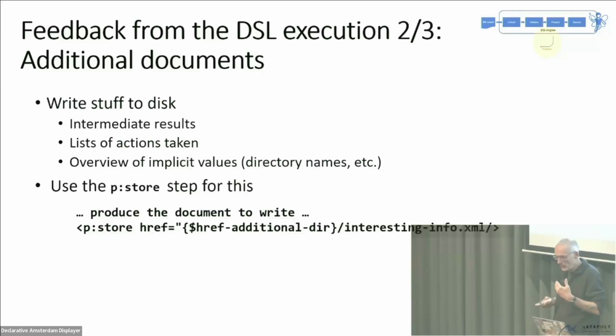Therefore XProc has a p:store step, which in this very simple case just writes a file to disk, and p:store also acts like an identity in your pipeline. So the document comes in the p:store, flows out at the other end, and in the meantime it's written to disk. It's like a Unix tee command, if you're familiar. In your pipeline it does nothing.